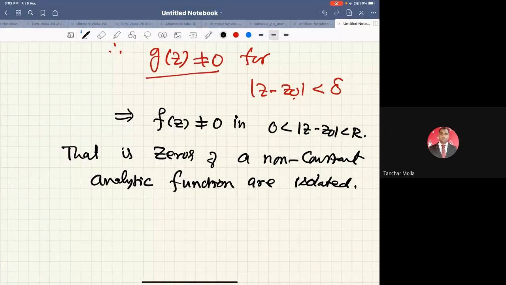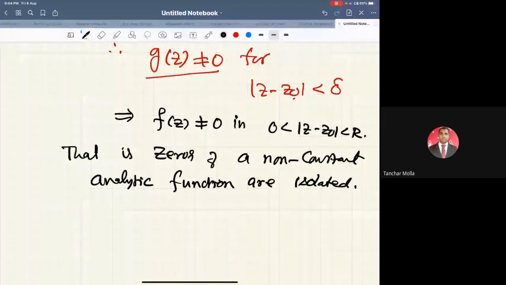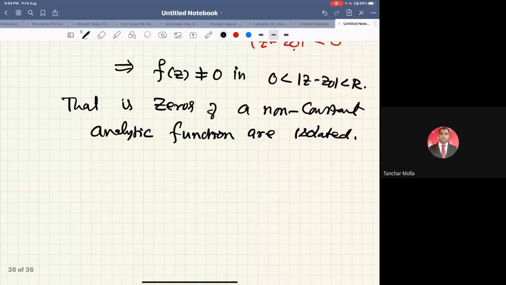So let us do a very significant problem on this. One such beautiful problem is, maybe I will write an example.